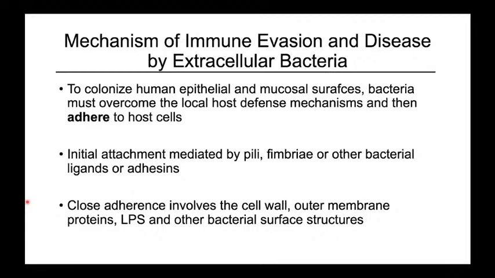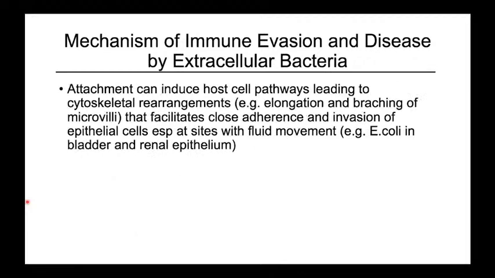So it's basically able to bypass any host defense mechanisms at that point, okay? So things like your pili and fimbriae, or adhesins produced by some of these bacteria, actually facilitate this process. And once they attach, then this is what would enable close adherence. Sometimes they can even invade epithelial cells.